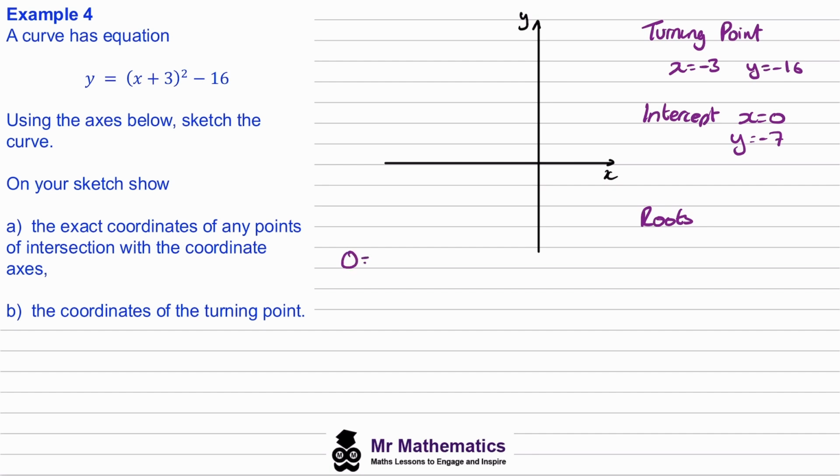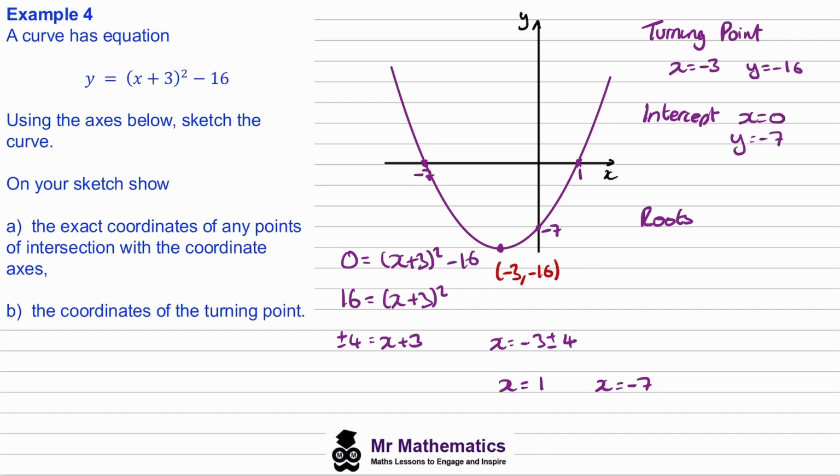When y equals 0, we'll move the -16 to the left-hand side. We'll take the square root. So x will equal -3 plus or minus 4. So our roots will be when x equals 1 and when x equals -7. And I'll plot this on our sketch. We have our roots, our intercept, and the turning point. Let's try the next example.